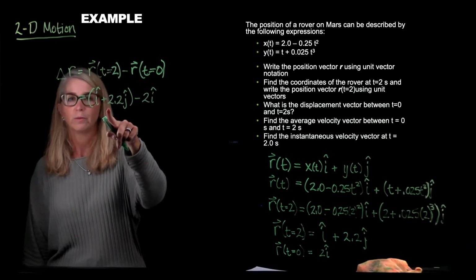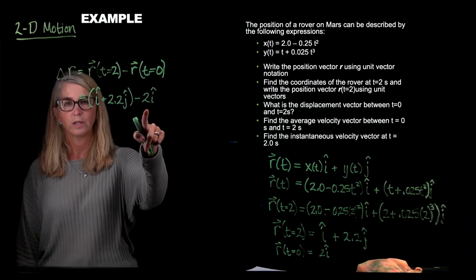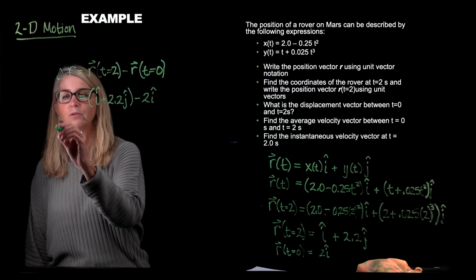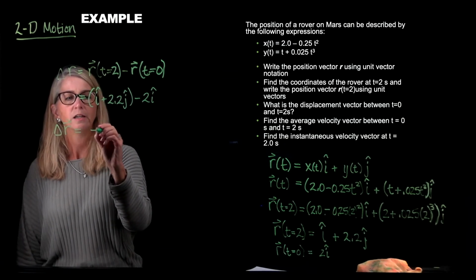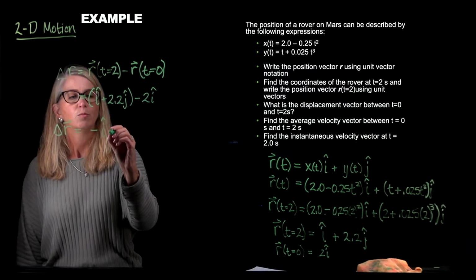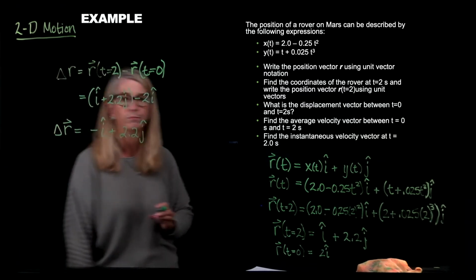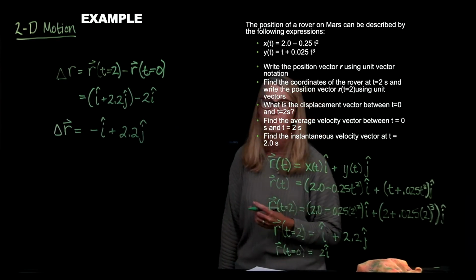This was the position vector when t equals 2 seconds, and this is when it equals 0 seconds. Subtracting these two, I find that the displacement vector, which I was asked to find, is minus i plus 2.2j. So that is my displacement vector.